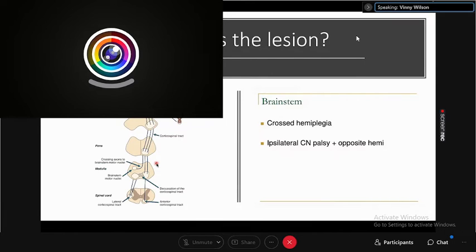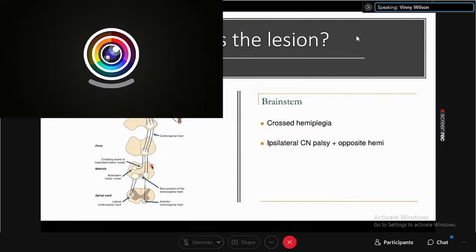When we move on to the brainstem, the peculiarity in the brainstem. By brainstem, we refer to the midbrain, the pons, and the medulla. The characteristic of a brainstem lesion that causes hemiparesis is that the cranial nerve palsy is on the side of the lesion, and the hemiparesis happens on the opposite side of the lesion.